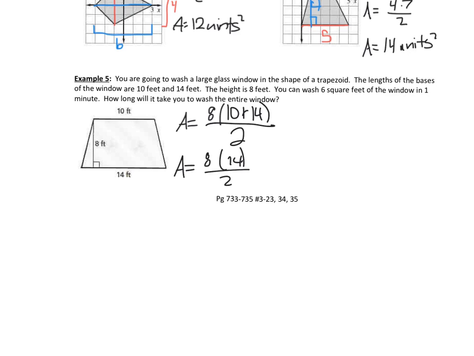Take that, divide by 2. 8 times 24, I'll write this up here, area is equal to 192 divided by 2, so my area should equal 96, and I've got feet squared.